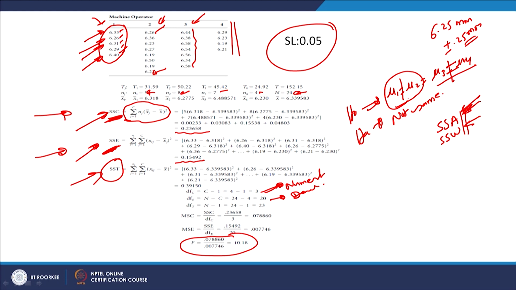This is 3 because you have got 4 groups, so number of groups minus 1, C minus 1, is 3. N minus C, where n is the number of items in each of those groups, so this is 20.